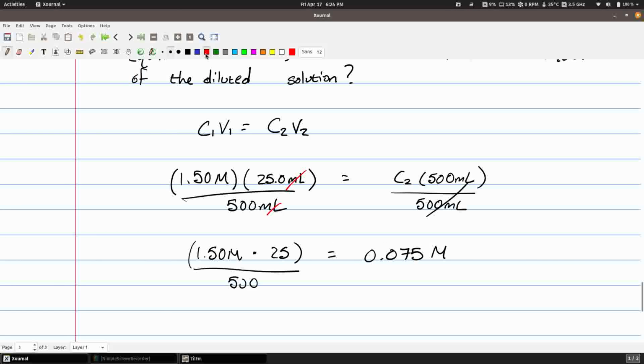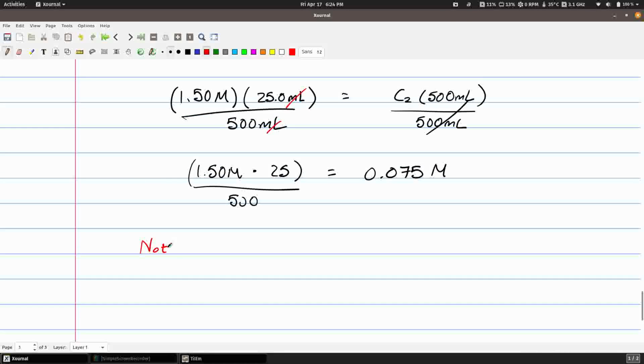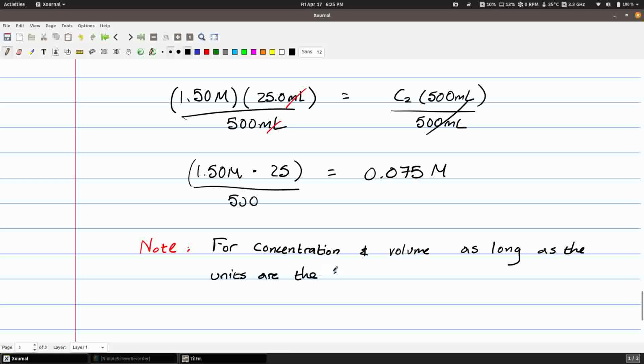Note, this is the last thing and then we're done with this unit, or this video. For concentration and volume, and this is repeating what I said, as long as the units are the same, this equation will work.